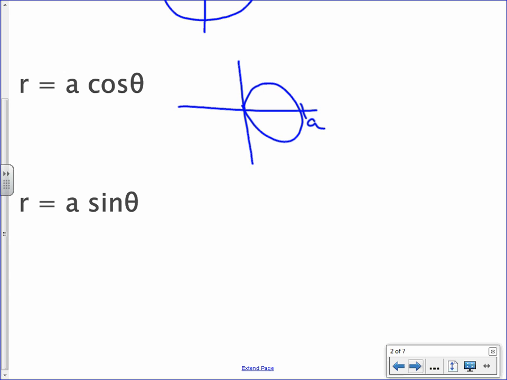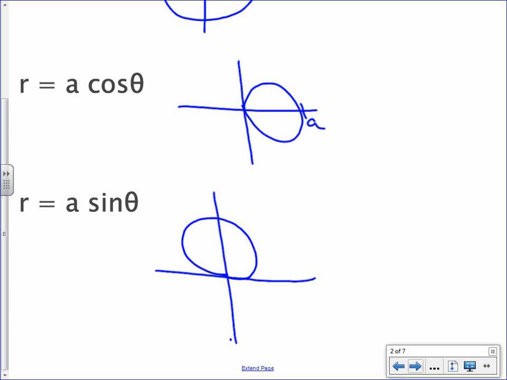What about if we have r equals a sine theta? Where's our circle going to go? It's going to be above or below the pole. So if a is positive, we'd be above the pole, but we still go through the pole. It touches the pole.